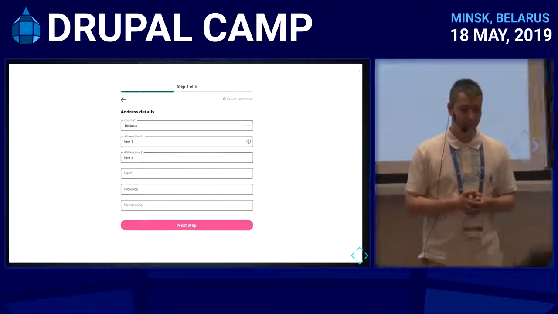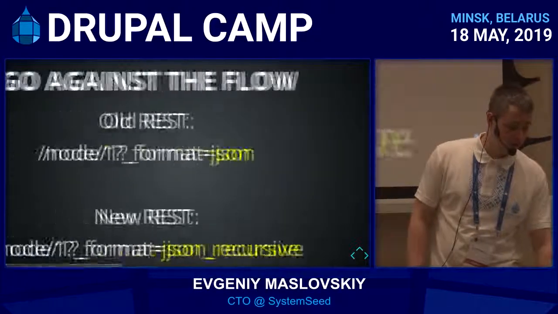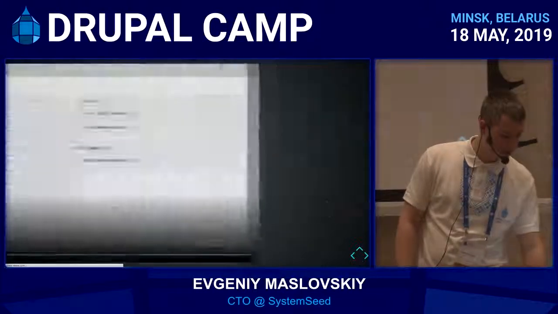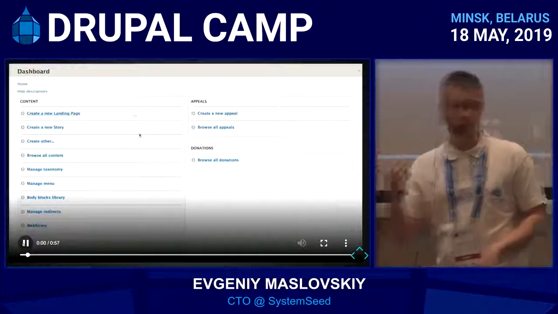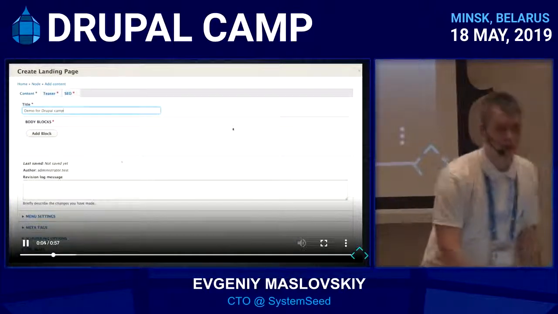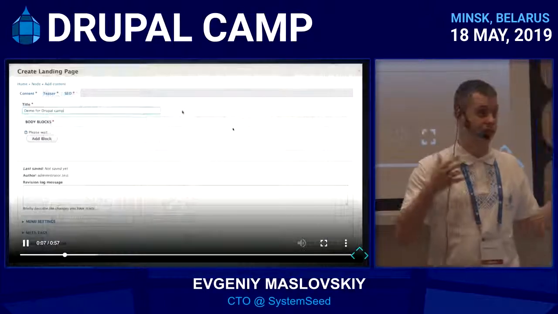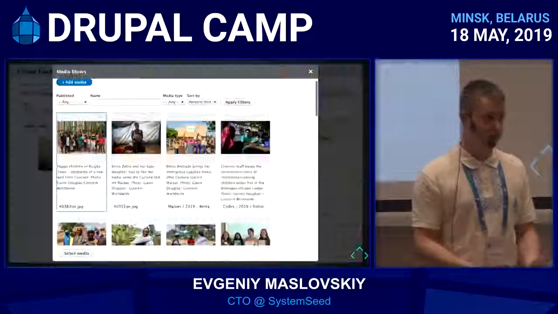The thing is, if you have seen the amount of paragraph types, it's here for the client. That's actually why the first problem was explained talking about paragraphs. Think if you have 60-something, 70 paragraph types, and every paragraph type has a bunch of fields inside of it.